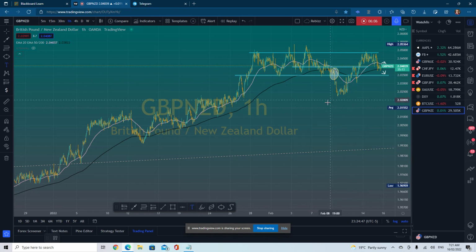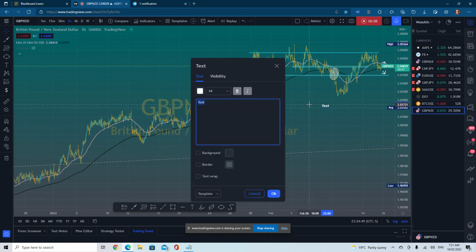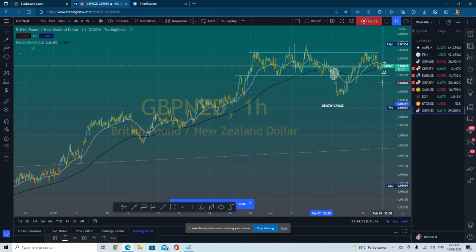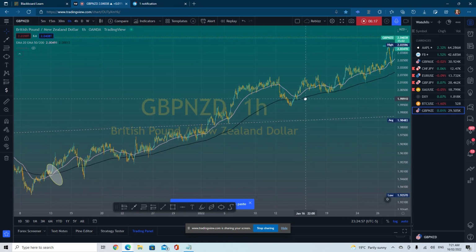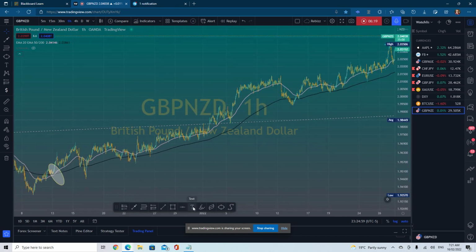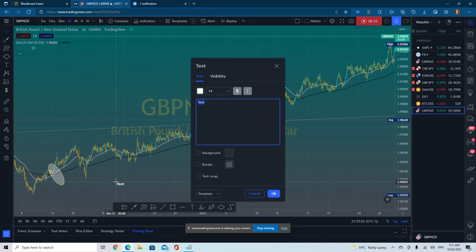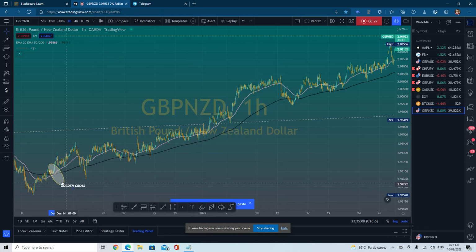So let me just label them. I'll put the death cross here, and I'll move all the way back here and add the golden cross. This is the golden cross.